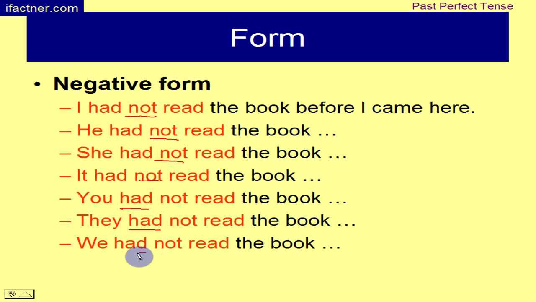And we had not read the book. Remember that here there are two actions from the past. One, which is relatively newer, is represented by past simple tense, and the one which is relatively older is represented by past perfect tense.